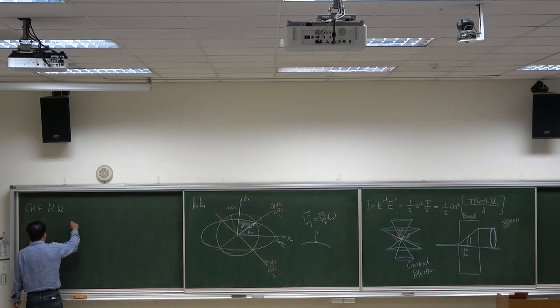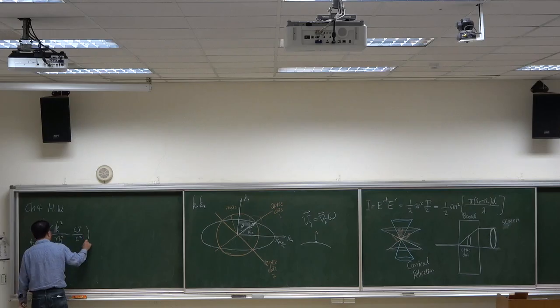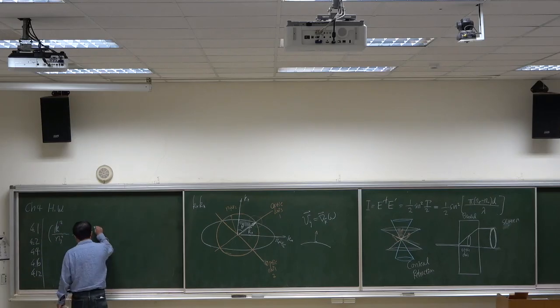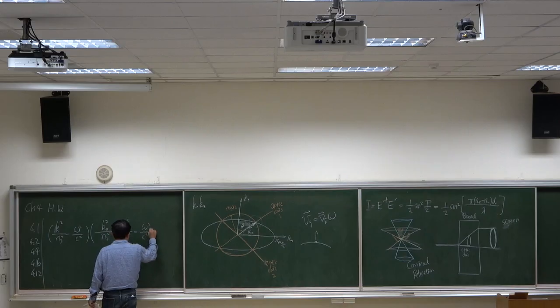The circle is described by k squared over ny squared minus omega squared over c squared, and the ellipse is kx squared over nz squared plus kz squared over nx squared minus omega squared over c squared equal to 0.